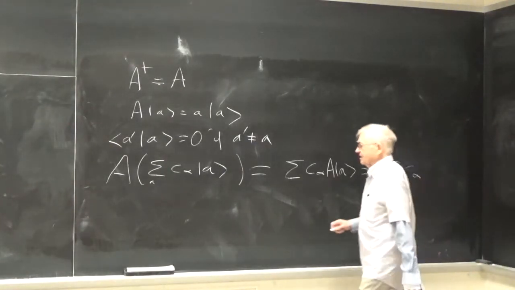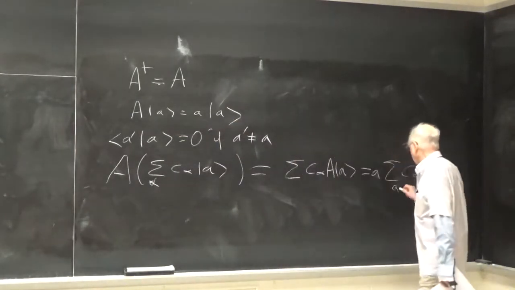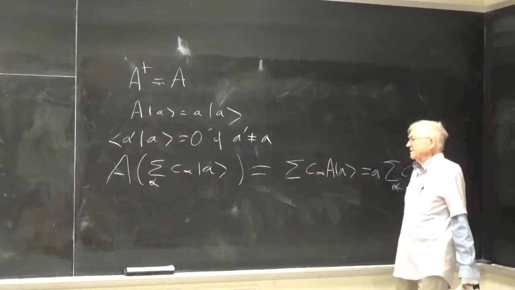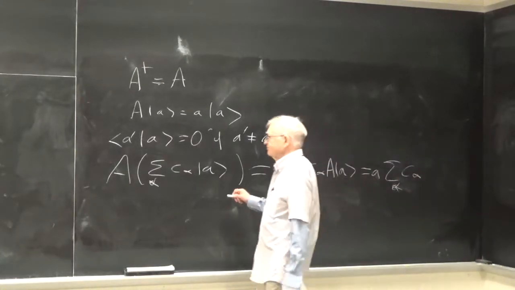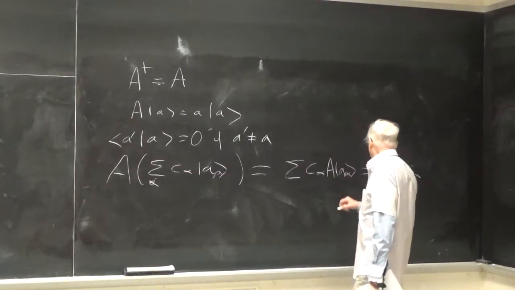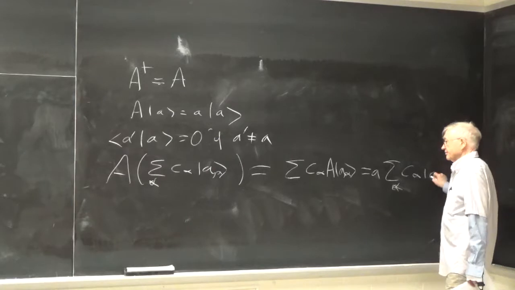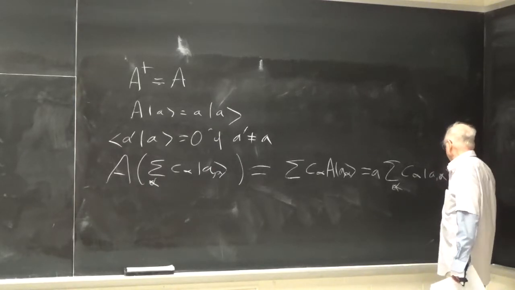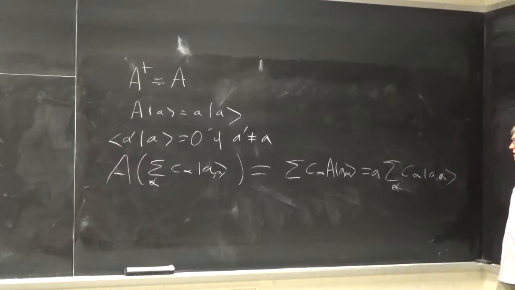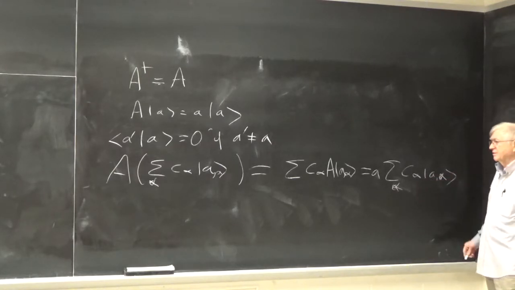Actually, that's a sum over alpha. The eigenvalue would be the same, but I would use alpha to label the different eigenvectors that all have the same eigenvalue.